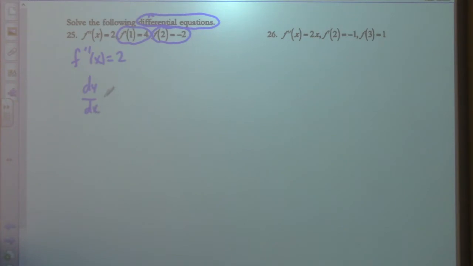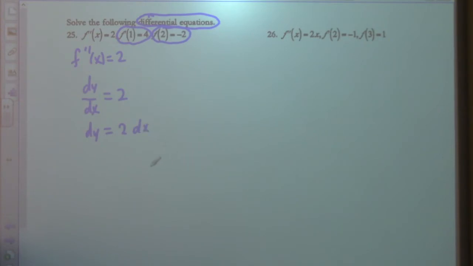You can write that as dy dx is equal to 2, and what's the next thing going to be here? Move dx up here, right? So we have dy equals 2 dx.